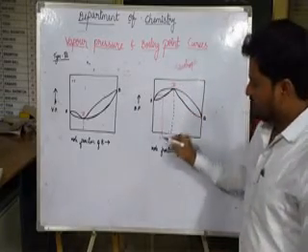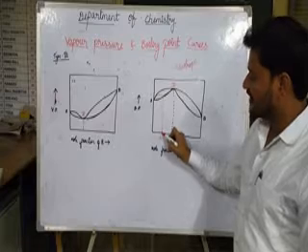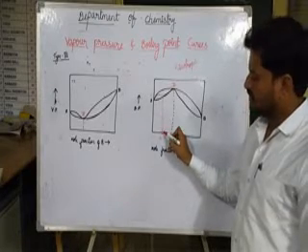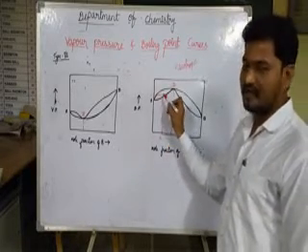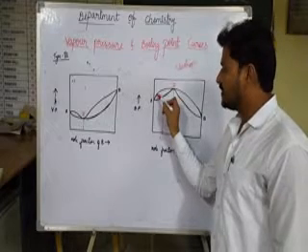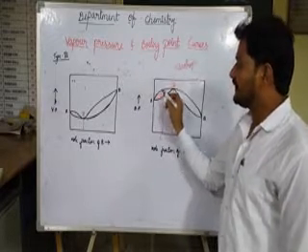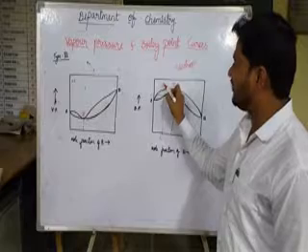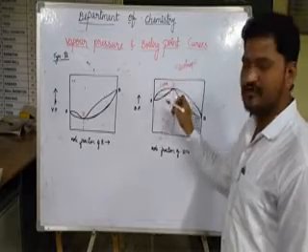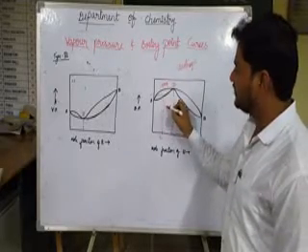When I take a mole fraction of both A and B at this composition, and gradually increase the temperature, here we'll get two components, that is the vapor component as well as the liquid component. Above this there will be vapor and below there will be only liquid.